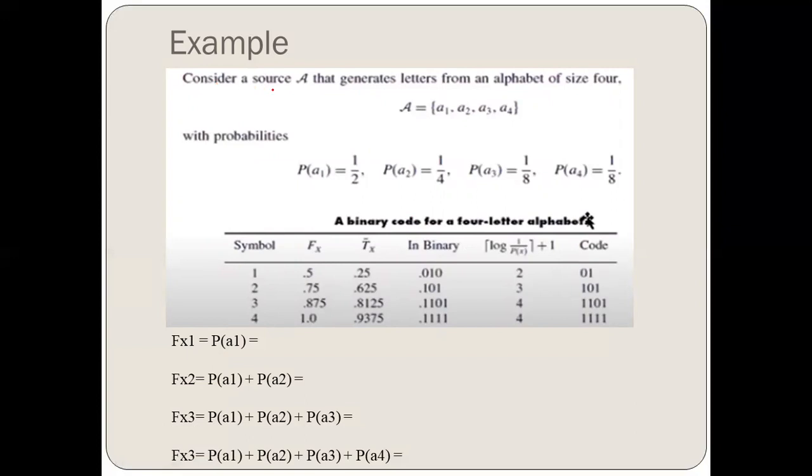The given question is, consider a source A that generates letters from an alphabet of size 4, where the probabilities are P(a1) equal to half, P(a2) equal to 1/4, P(a3) equal to 1/8, and P(a4) equal to 1/8 again.